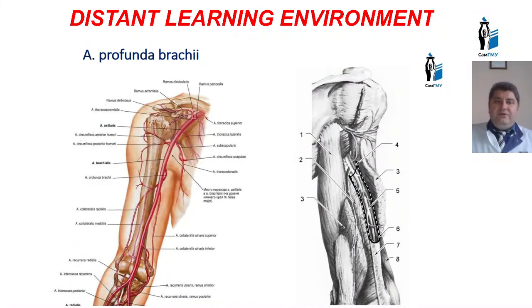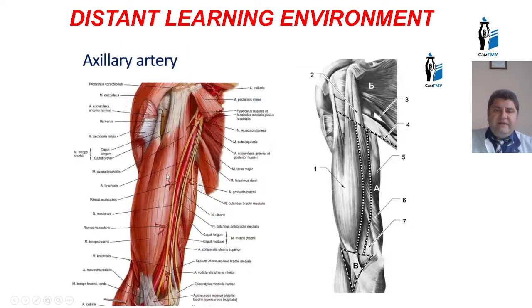And now you may see details of the brachial artery here. This is the border between the axillary artery and the brachial artery. Here you may see that it passes on the medial region of the brachium.